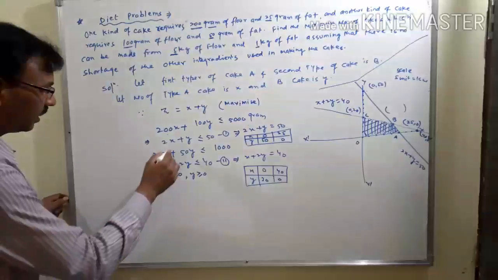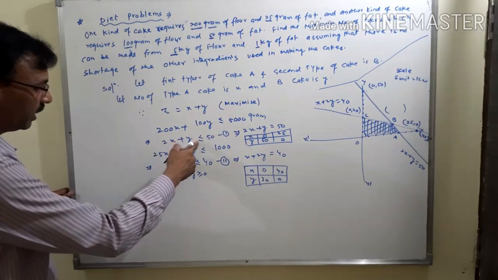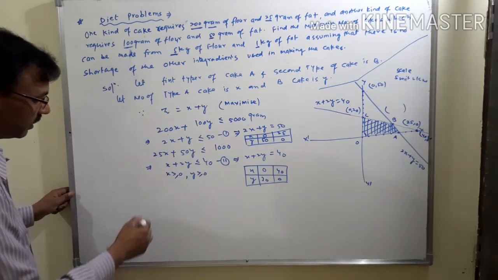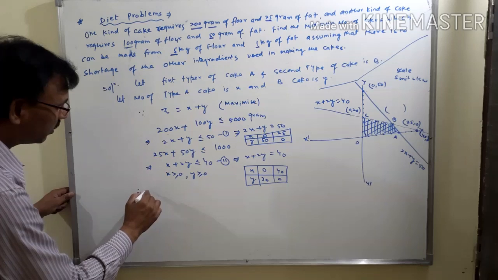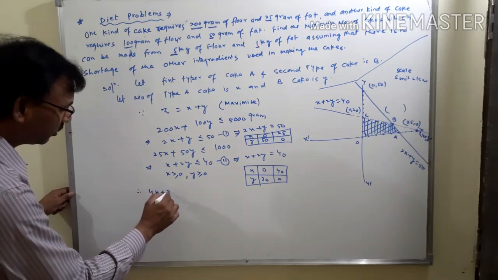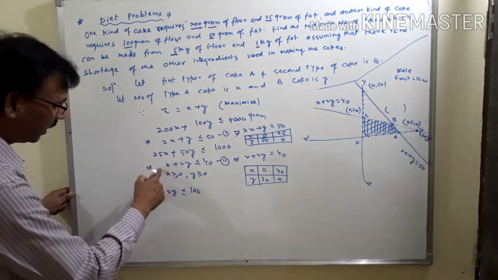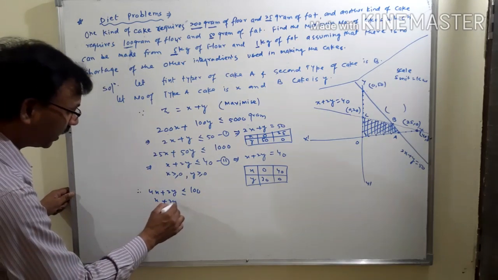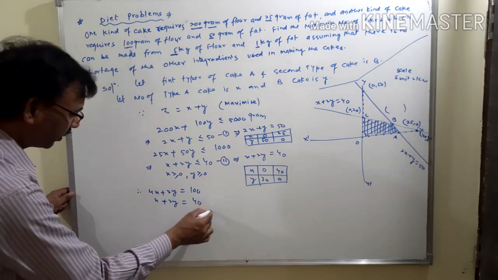If we multiply the first by 2, this will be 4x plus 2y equal to 100, and the second is x plus 2y equal to 40.